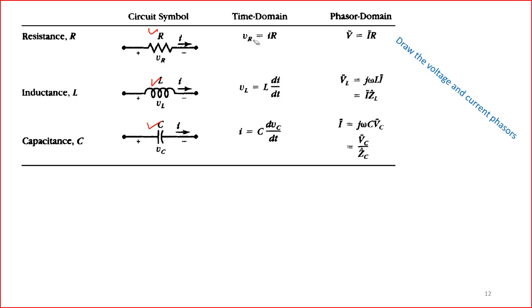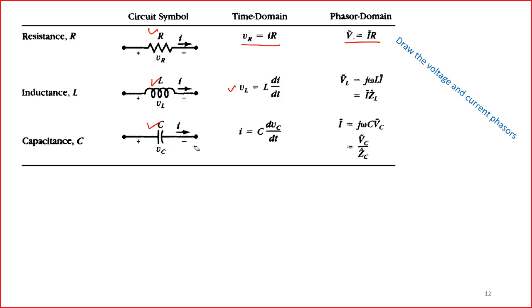If we write the equation in the time domain, the voltage current relationship will be vR equal to iR, and in the phasor domain it will also be V equal to IR, but with RMS values, Vrms and Irms, right? Similarly for the inductance, in the time domain the voltage current relation vL will be L di by dt, and in the phasor domain it will be j omega L I, that is nothing but I ZL.